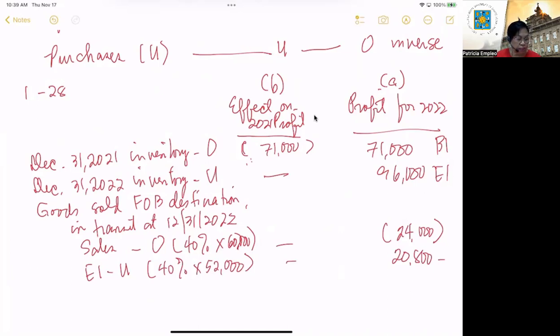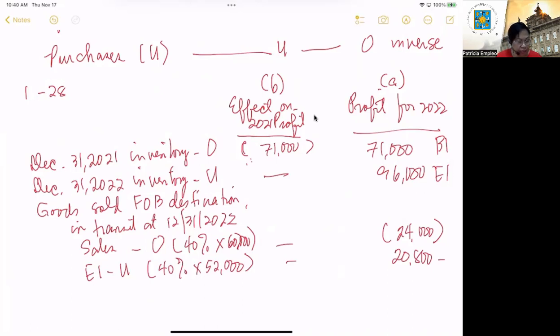Then purchases of 100,000 were recorded when payment was made in 2022, although the goods were received in 2021 and were included in the 2021 ending inventory. So whether the goods were shipped FOB shipping point or FOB destination, these are received already in 2021. Hence, they should have been recorded as purchases of 2021.